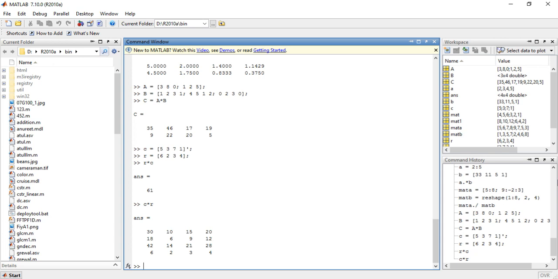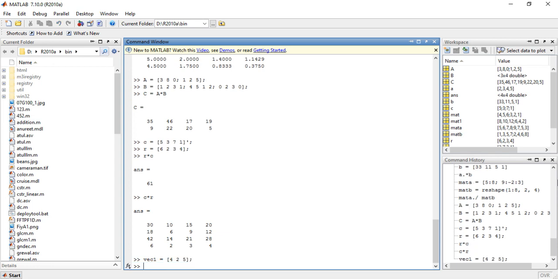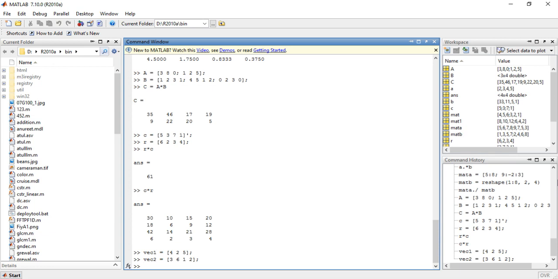There are also operations specific to vectors, like dot product and cross product. Let us take some examples. We have vector 1 as 4, 2, 5, vector 2 as 3, 6, 1, 2, then vector 1 star vector 2 dash.